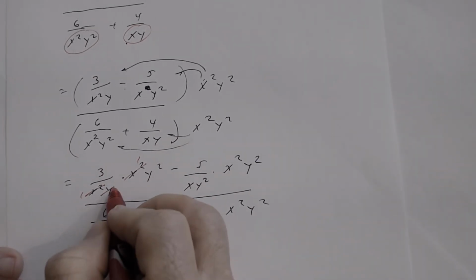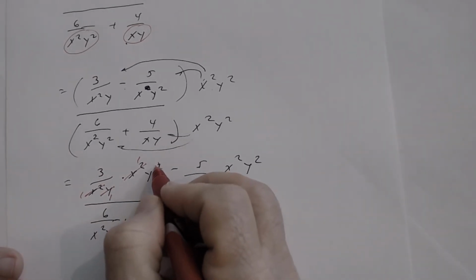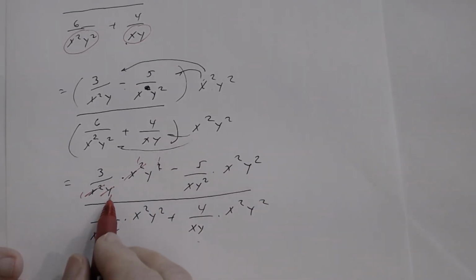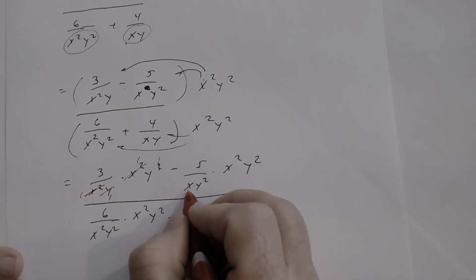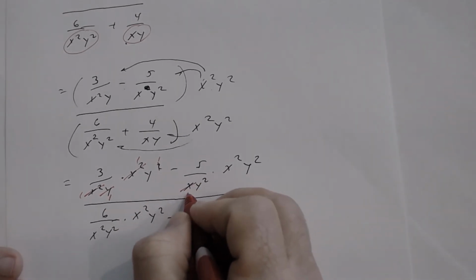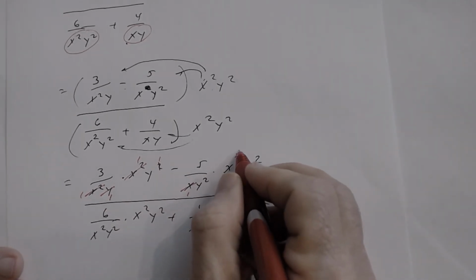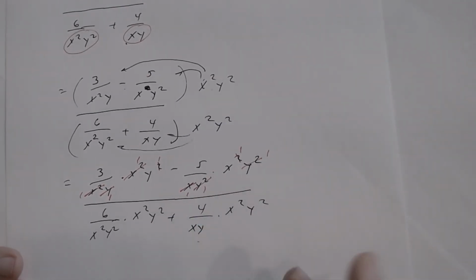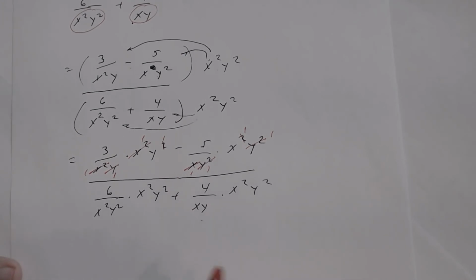1 factor of y divides into 2 factors of y, and you're left with a factor of y. So that's a 1, that's a y. Over here, this factor of x will reduce. I have 2 here, so it reduces with one of those. Both of these factors of y divide out, so you're left with factors of 1 in their place.